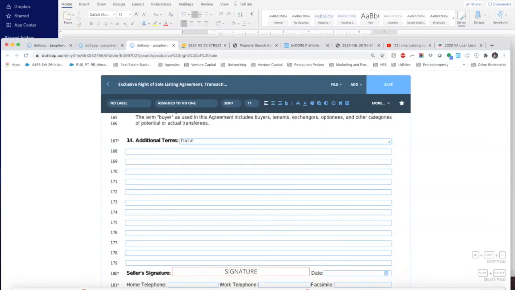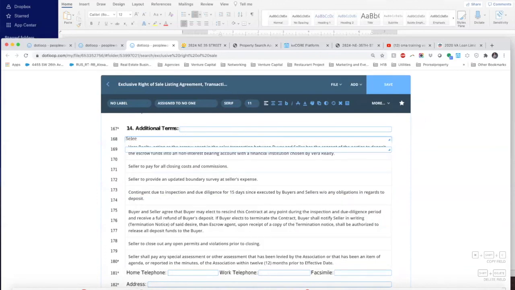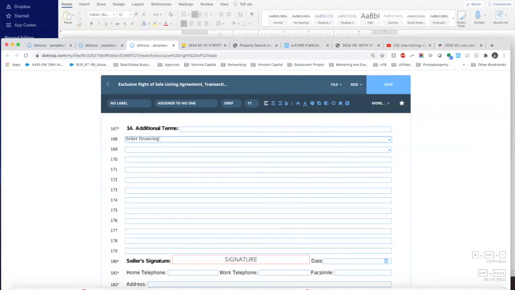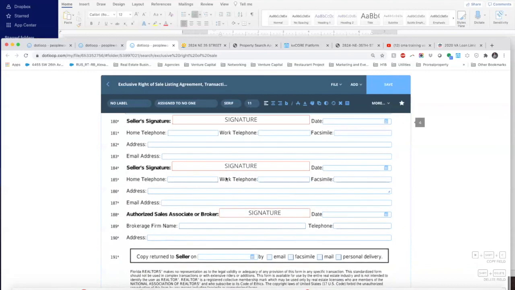You can specify some other details if there are expensive fixtures which are not included in the sale, etc. Everything you discussed can be here in additional terms. You can also specify seller financing in more detail.